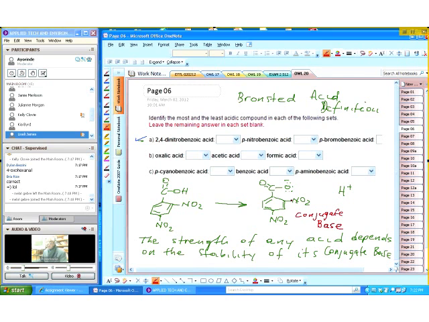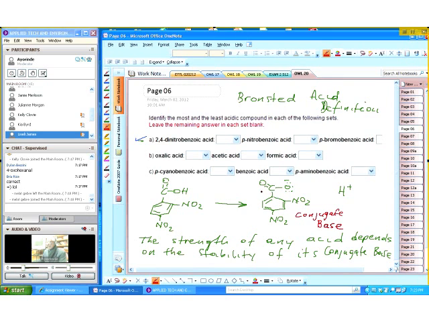Now, in order for this conjugate base to be stable, if you keep in mind we have electrons here, anything within the rest of the molecule that is capable of drawing electrons away from here will make this conjugate base very stable. Now we all know that the nitro group is electron withdrawing. So here we have two electron withdrawing groups on the benzene ring.